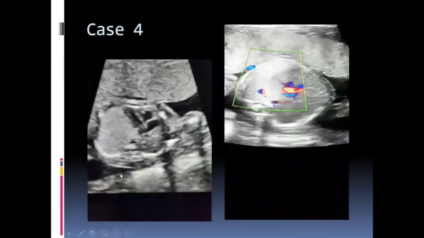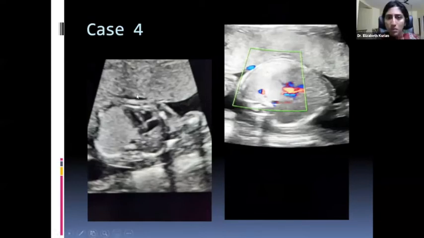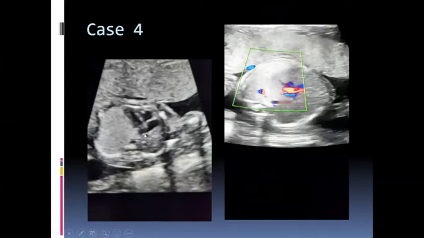The next case, Elizabeth. Is there any abnormality here? There is an abnormal vessel. Yeah. We can see that there is something hyperechoic here, which is pushing the heart to the other side. And yeah, good.